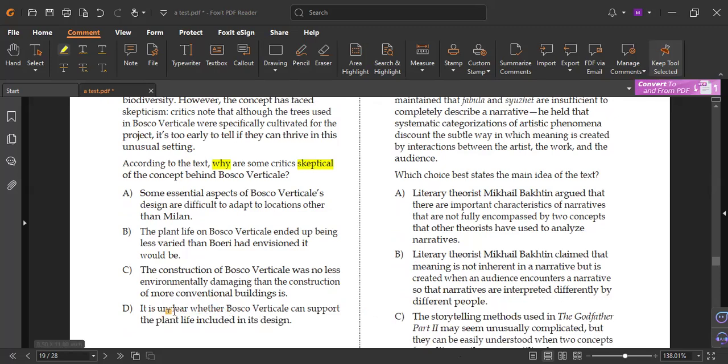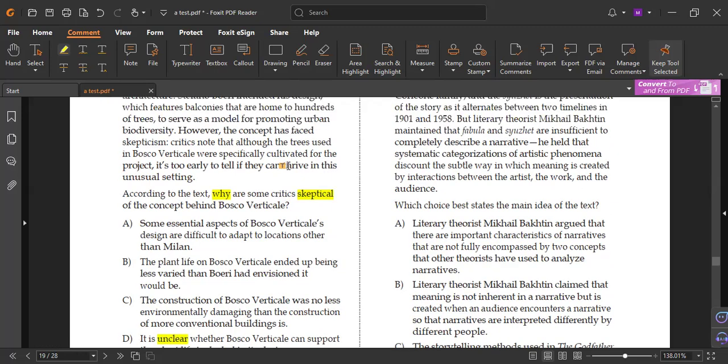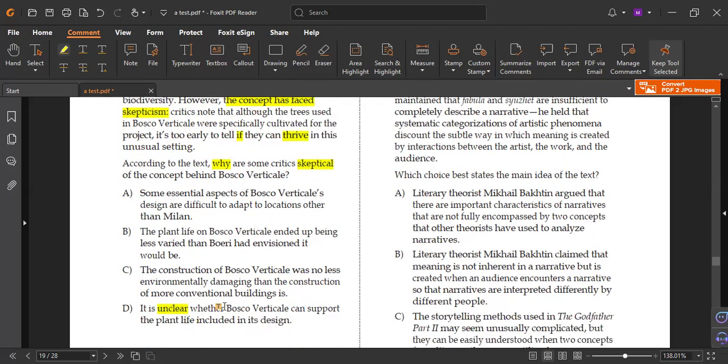Yes, it is unclear that can support the plant life, included because he mentioned that here. And so your main focus must be here because he said the concept has faced skepticism. So my answer must be D. He said it's too early to tell if they can survive or not.